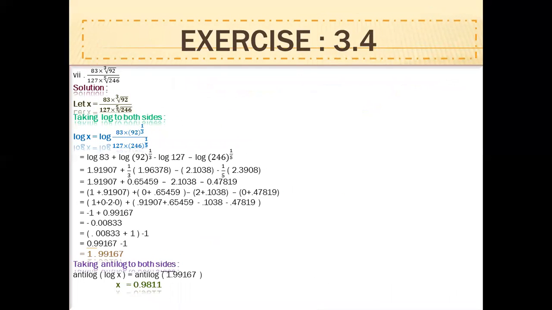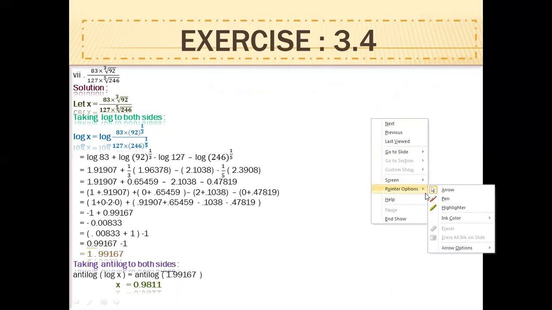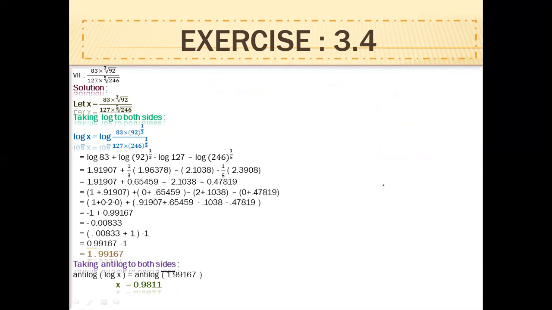Part 7 is 83 multiplied by the cube root of 92, over 127 and the fifth root of 246. Again, first we suppose that log x is equal to this number, taking log to both sides, and then we will apply the laws of log. You see that the first three laws will apply here.